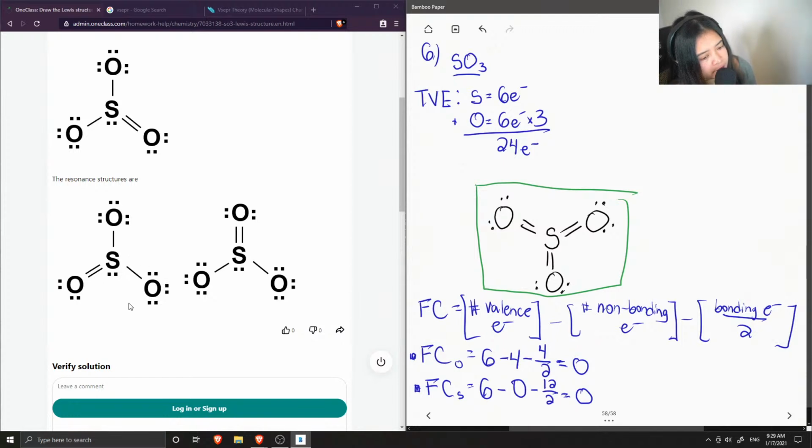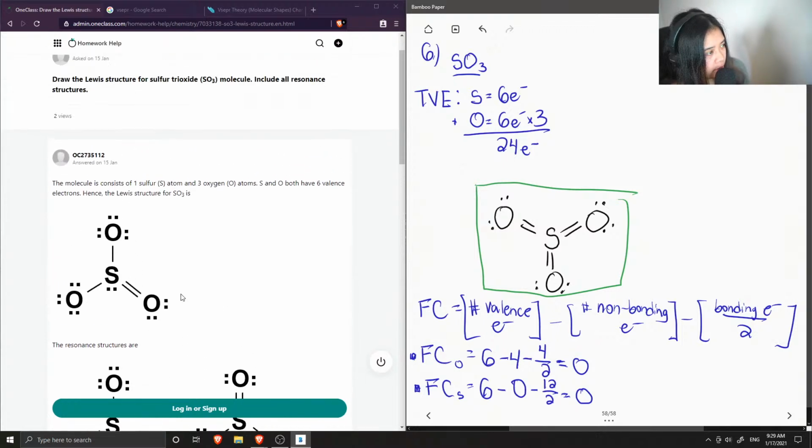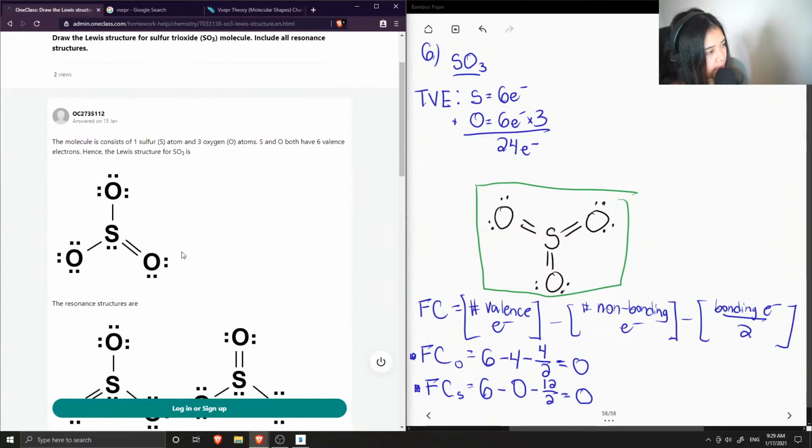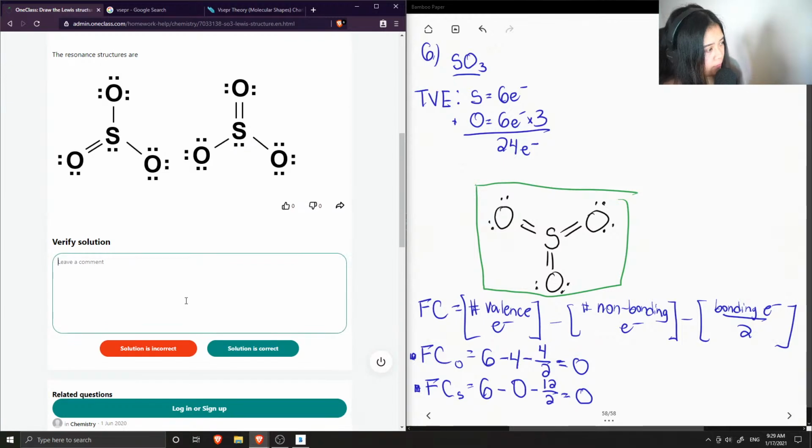Yeah, it would be 6 minus 2 minus 4. But since the sulfur would be 0 and the 2 oxygens would have a negative 1 charge, the overall structure would have an overall negative 2 charge. But for our question, the molecule should only be neutral. So this solution is incorrect.